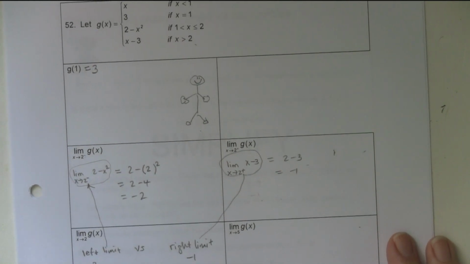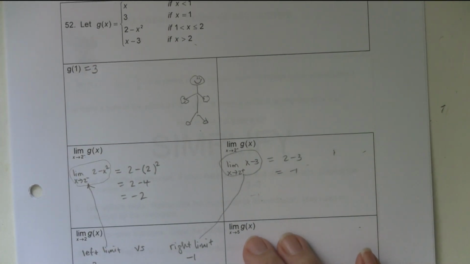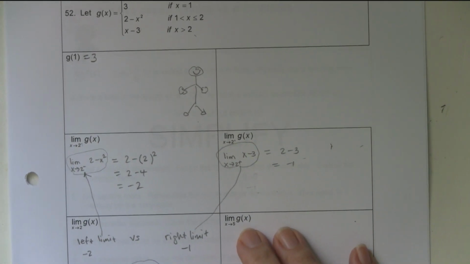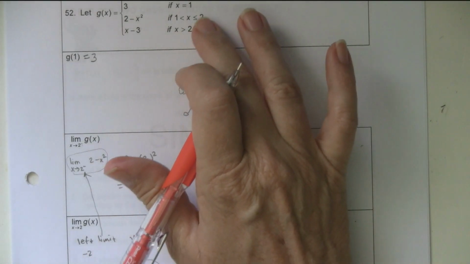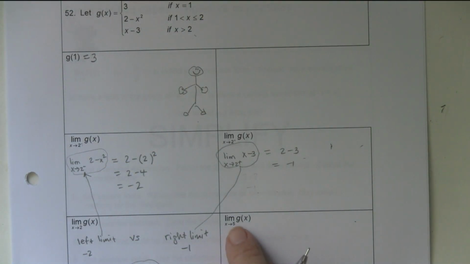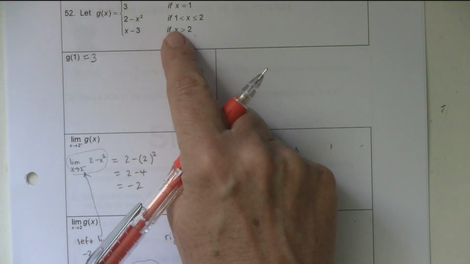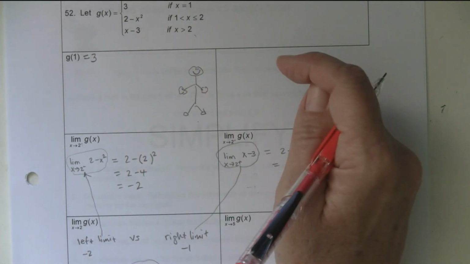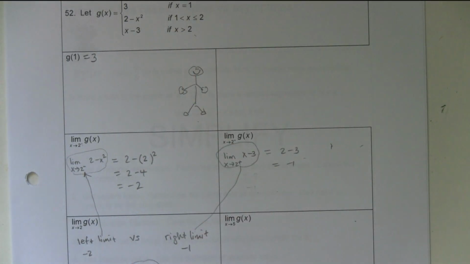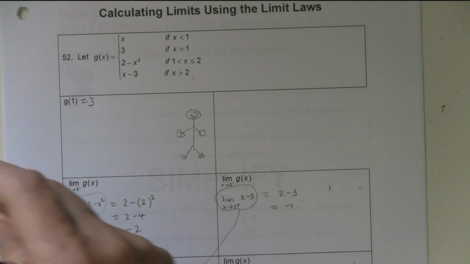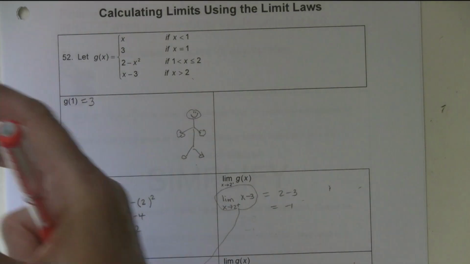And the last one they ask us is about 5. Because 5 is not an endpoint, both before 5 and after 5 are using the same piece of the function. You would use this piece of the function if you were nearing 5.